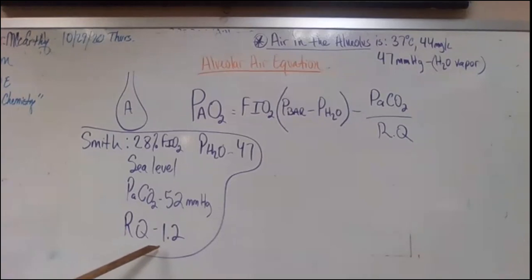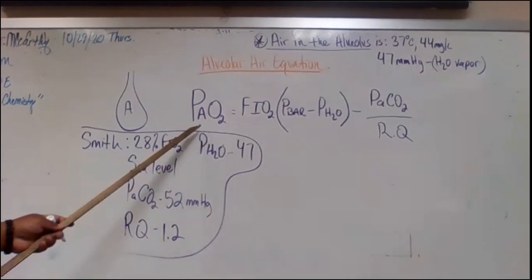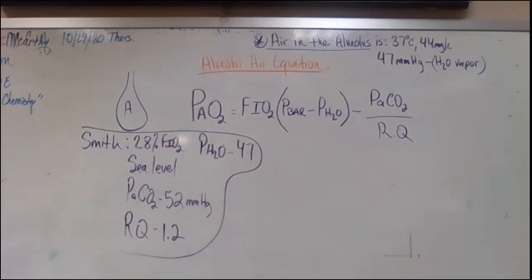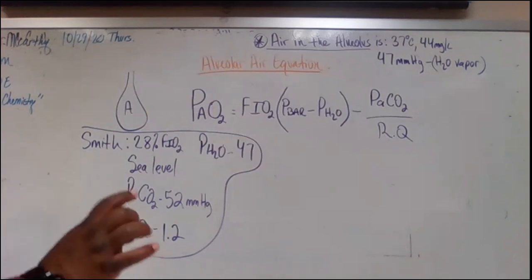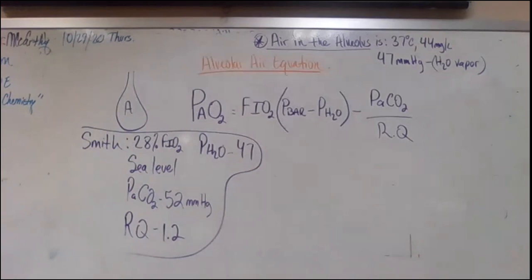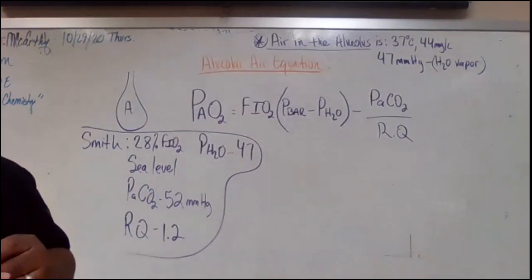And his respiratory quotient is 1.2. I'm just making up numbers. What is the pressure of alveolar oxygen? That's what I want to know. Let me work it out while y'all work it out.